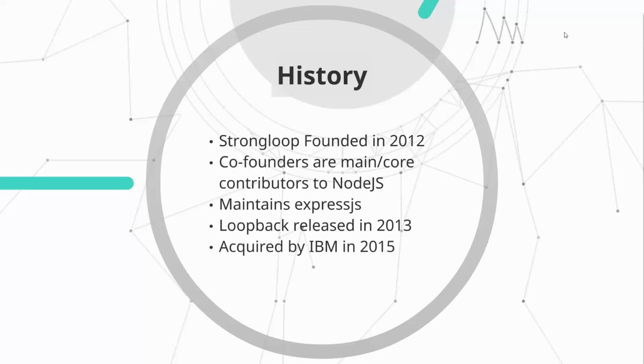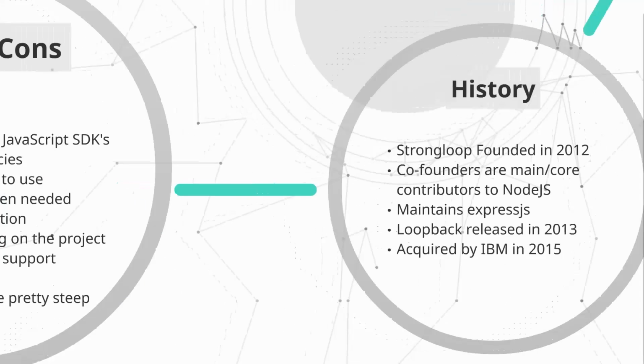Loopback was released in 2013 and marked a big milestone for StrongLoop. StrongLoop was acquired in 2015 by IBM, which was a very good move, as now a big enterprise company acquired Loopback, which brings a lot of capabilities and trust to Loopback.